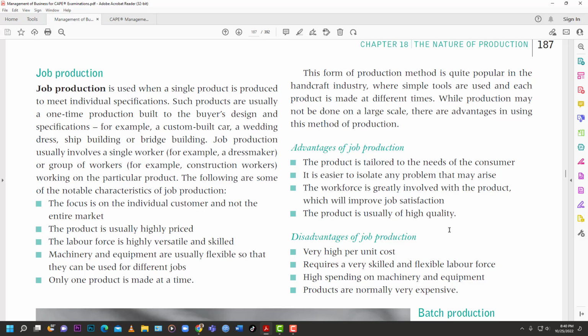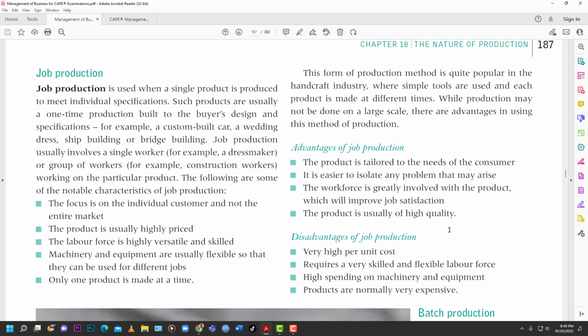It's not a mass produced product. For example, you want to build a luxury car, a custom made car. That would be a job production for the company. They will focus on making that particular car with all the labor and the skill, from beginning to end.